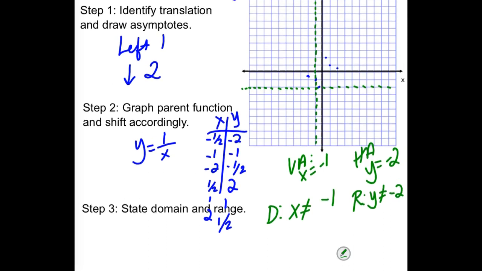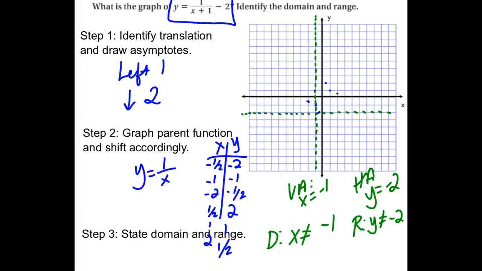All right, let's move our points. Shifting them each left 1 and down 2.